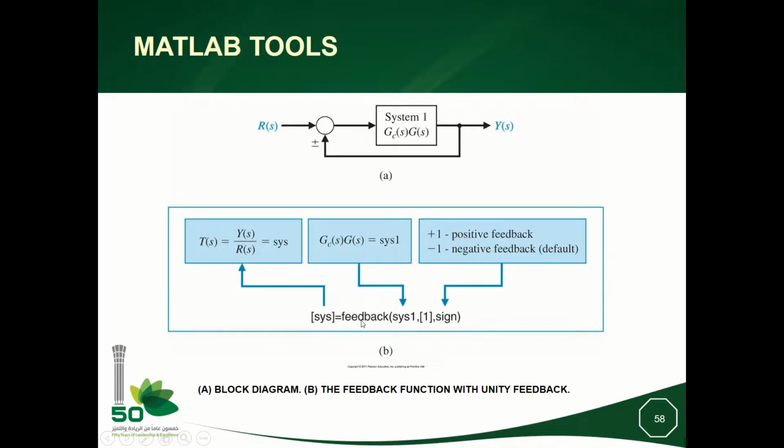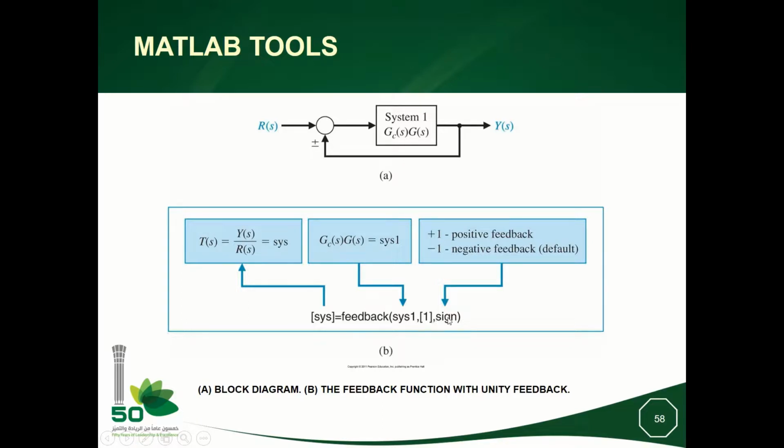We have a special instruction or command in MATLAB which gives us the overall transfer function y divided by r. So y divided by r will be given by feedback of system 1. It means this block, okay, which is the product GC G. And here I have unity feedback 1.